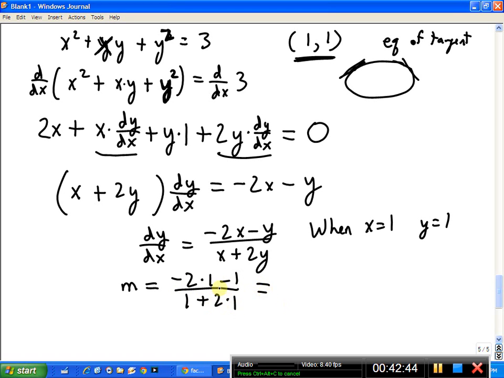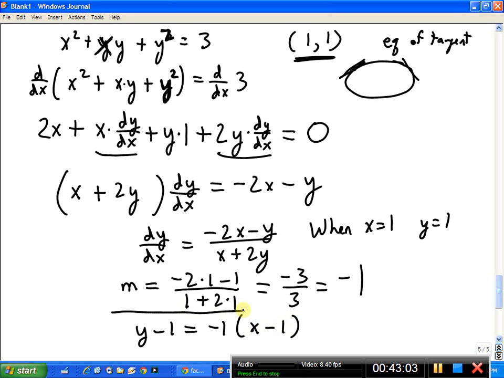And what is that? That's minus 3 over 3. That's minus 1. So I got it. The slope is minus 1. My equation is y minus 1 equals minus 1 times x minus 1. And there we have it.